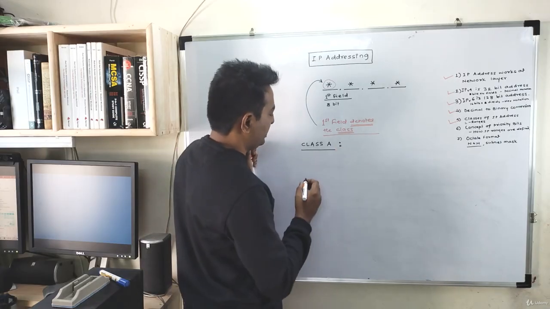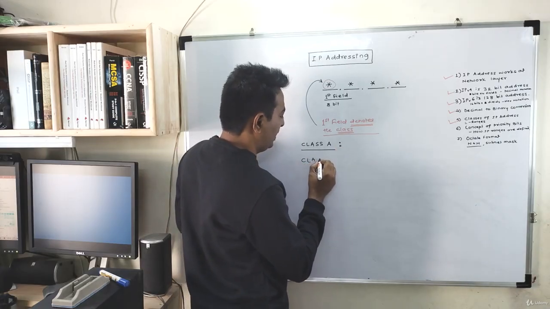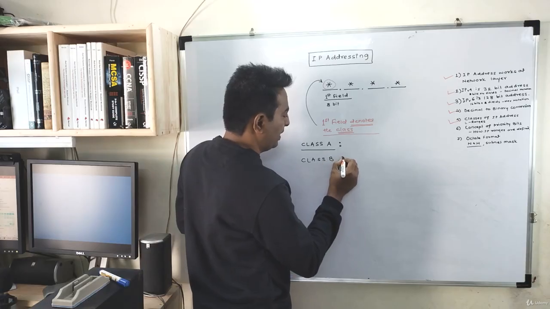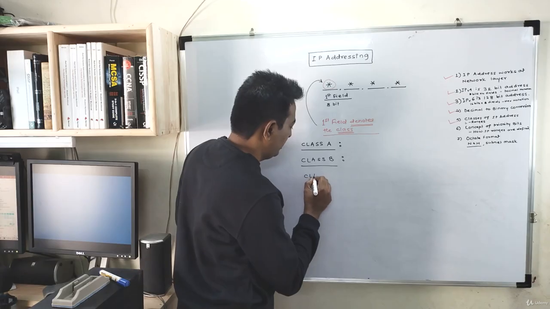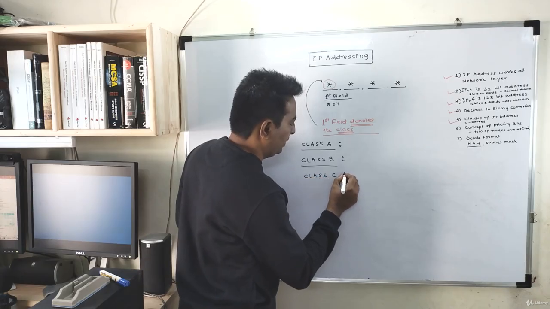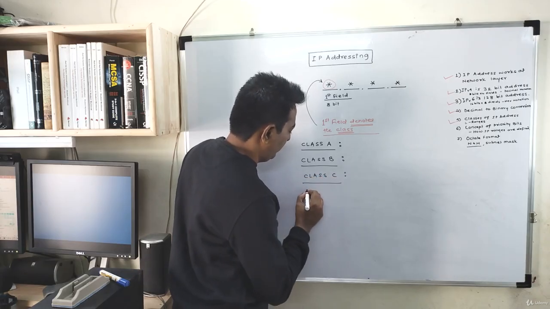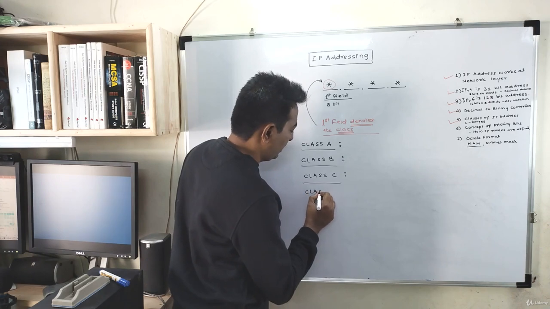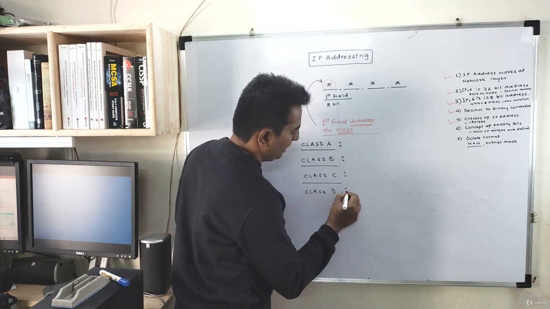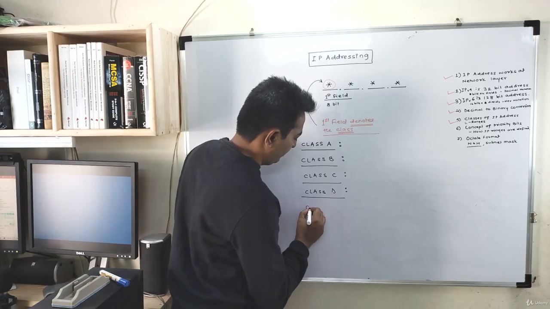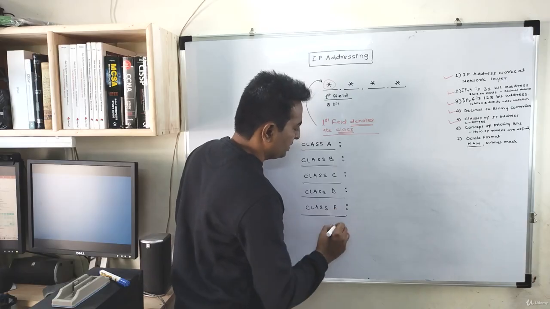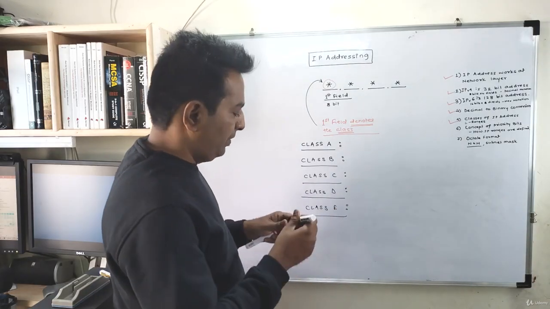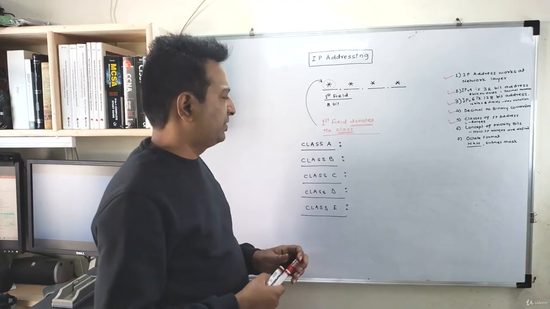Class A, class B, class C, class D, and finally the last class of the IP address is class E. Why are these classes defined?